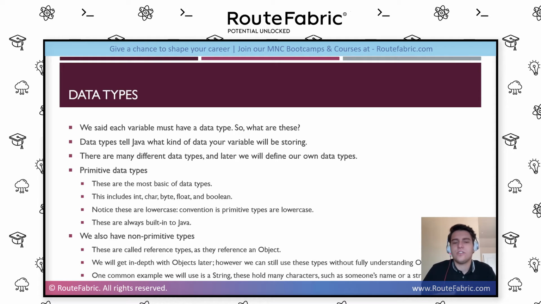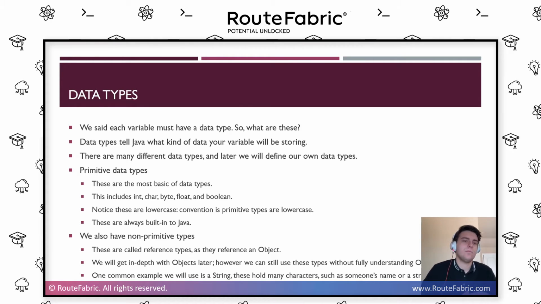So in Java, generally, when you're using a more advanced type, like an object, something derived from a class, it's going to be capital. So for example, we're going to get into it in a bit, strings. Those are always going to be capital because those are not a primitive type. So, like I said, we also have non-primitive types. These are called reference types as well, and they're called this because they reference an object.